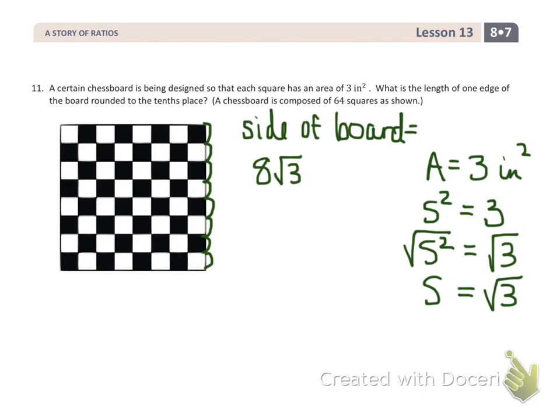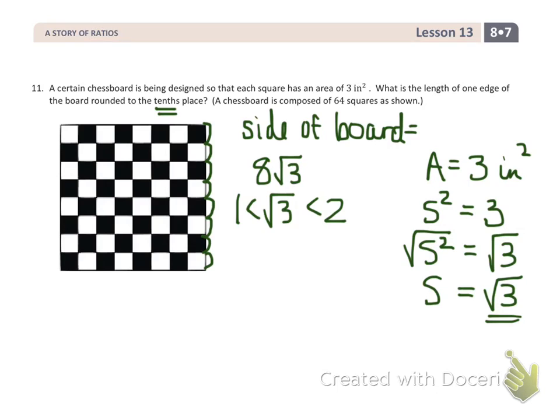So if I want this rounded to the 10th place, what I'm going to need to do is find the square root of 3 out to the 100th place so that I can round to tenths. Okay, so I'm going to work with the square root of 3, which I know is less than 2 because 2 squared is 4, and greater than 1 because 1 squared is 1.